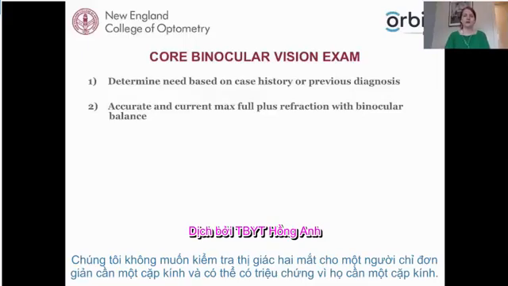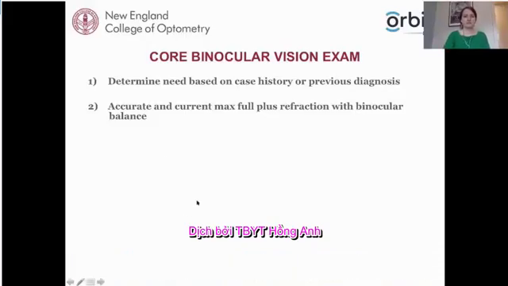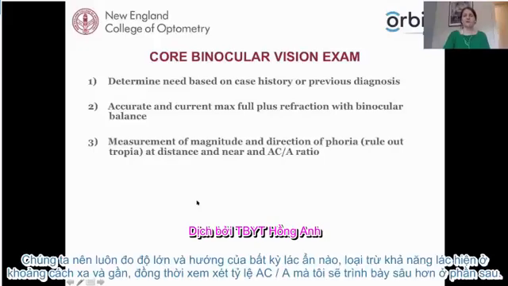We don't want to do a binocular vision exam on someone that simply might need a pair of glasses and might be symptomatic because they need a pair of glasses. We should always measure the magnitude and direction of any phorias, rule out any tropias at distance and near, and look at the AC/A ratio, which I'll cover in more depth later.